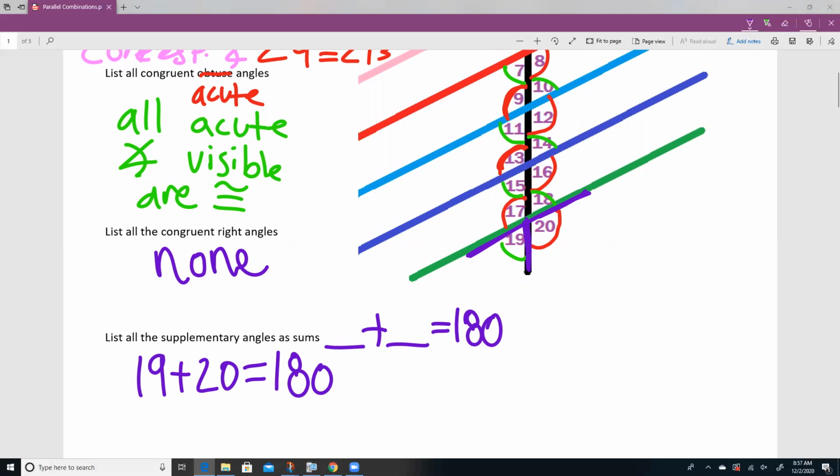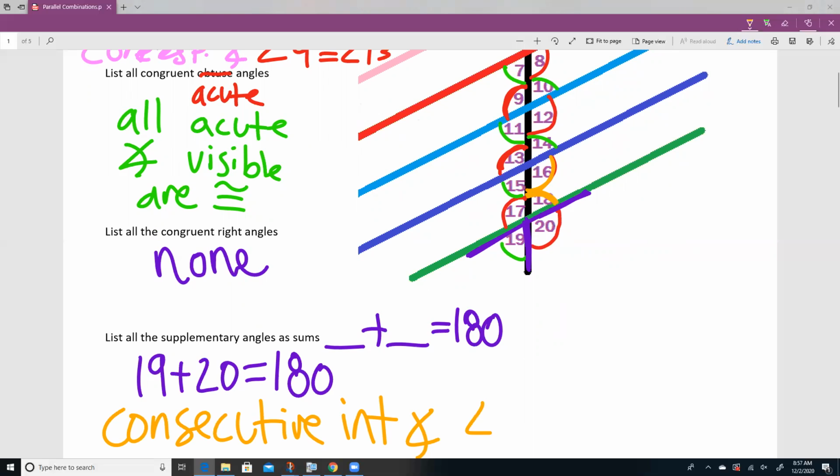It might also be obvious that, say, angle 18 and angle 16, because they are consecutive interior angles, that angle 16 plus angle 18 was equal to 180.